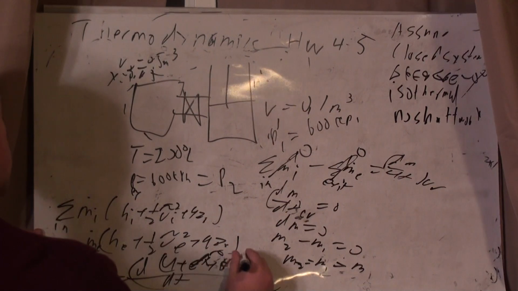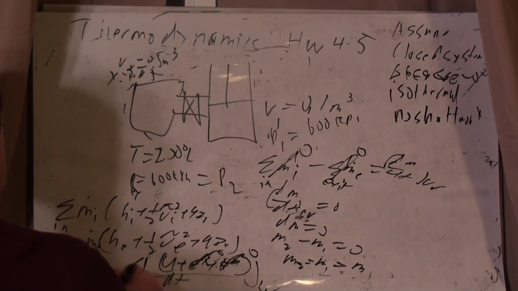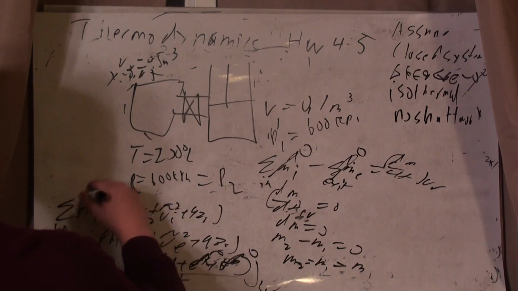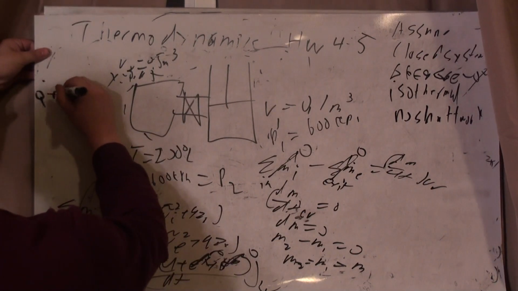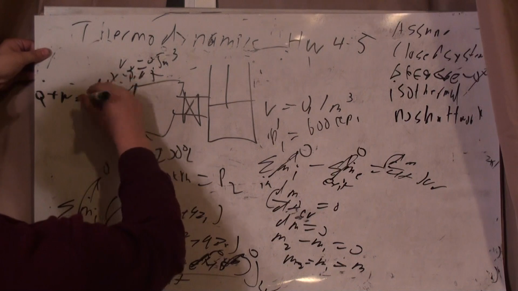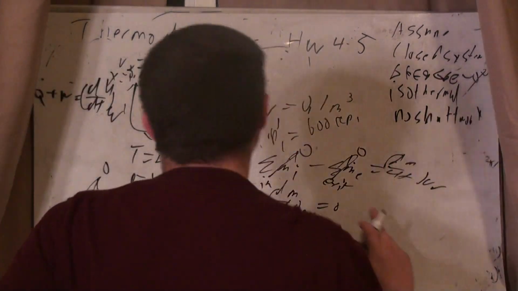The kinetic and potential energy terms go to 0 because there's no change in kinetic or potential energy. There is work, there is heat, there's nothing coming in, and there's nothing coming out. So I have Q dot plus work dot equals dU/dt of the control volume. I'm going to bring that down here.